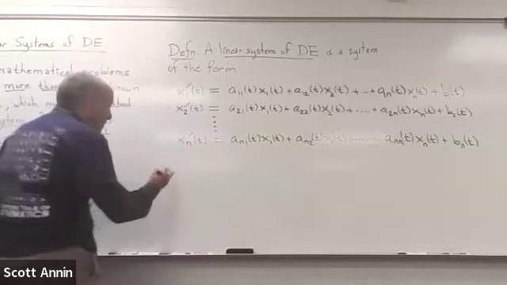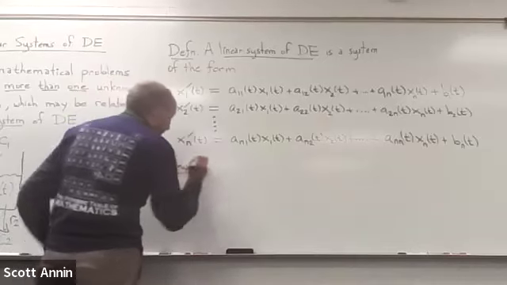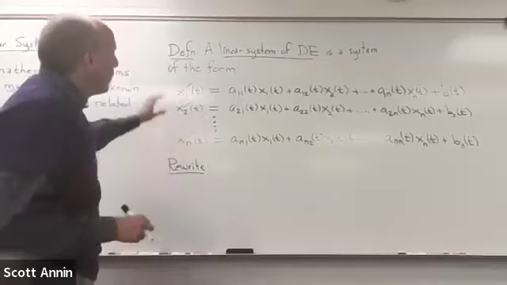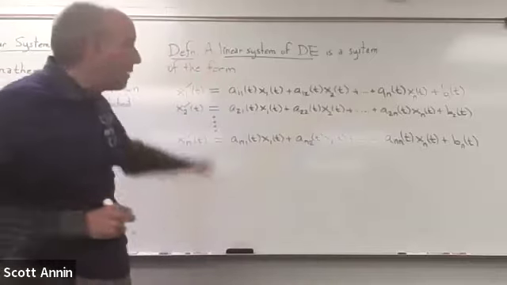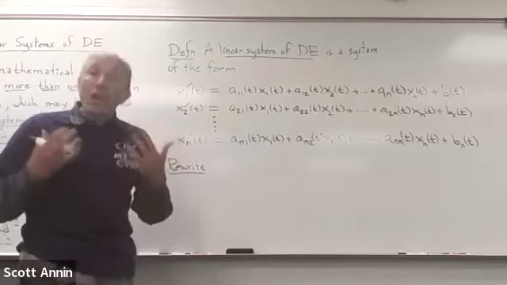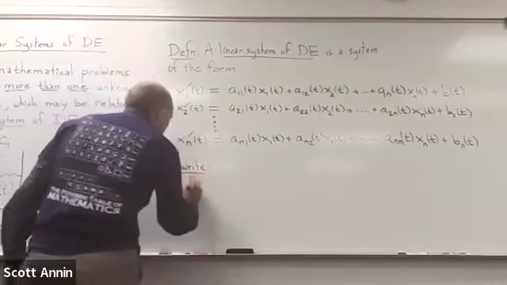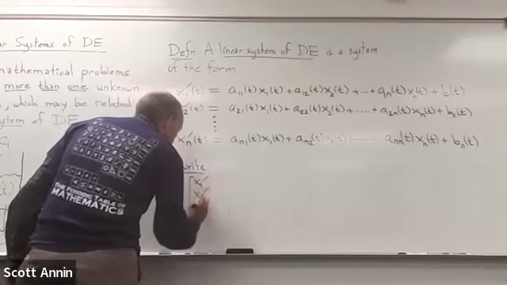All right, now the first thing I'm going to do here is rewrite this in a much nicer way so that I don't have to keep writing this out all of the time. First of all, I'm going to suppress the t everywhere in here. Every single thing you see in all of these equations is a function of t. So that's just going to be understood.